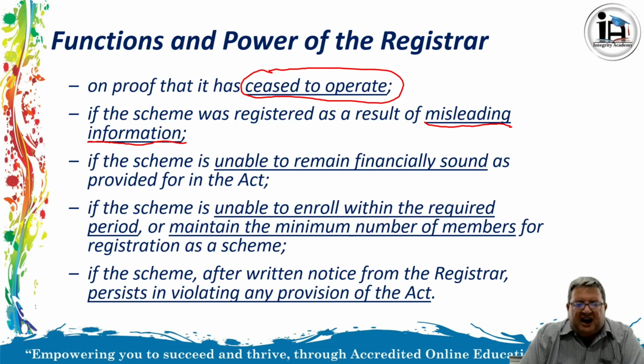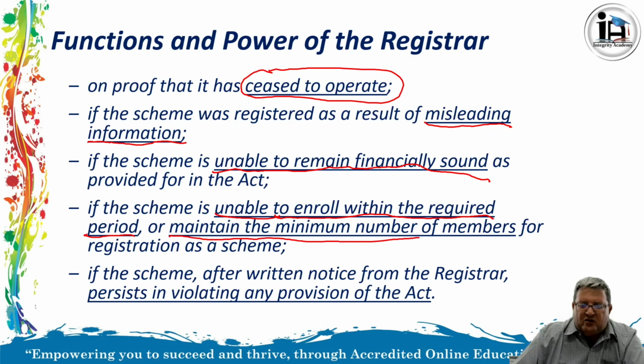If the scheme is unable to remain financially sound, as provided for in the Act, you are paying more out than you're getting in, and I see your business going downwards, you're not going to make it. Or if the scheme is unable to enroll within the required period or maintain the minimum number of members for registration as a scheme.